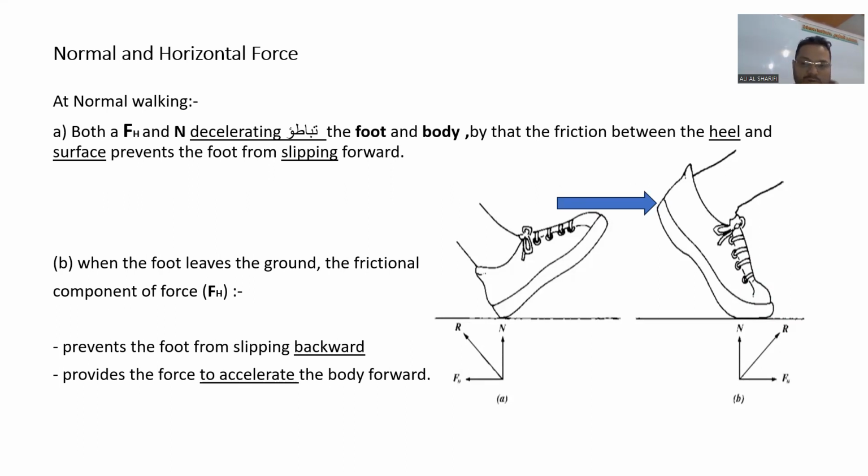It has the same goal: to prevent slipping, to prevent some breaks in our bones, and at the same time provide the force to accelerate the body forward, to take another step, to be ready, to be faster. It's a connection between the first step and the second step.